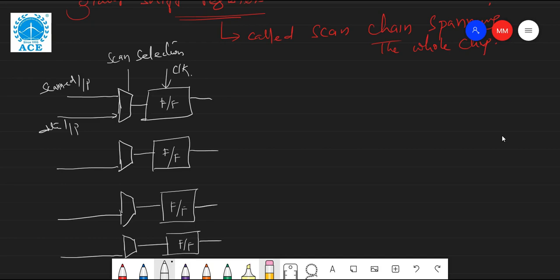The outputs are internally connected here, and then connected to a cloud.